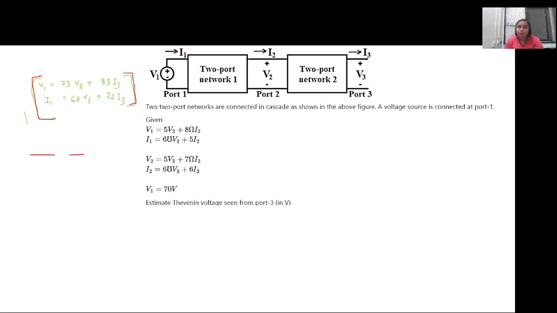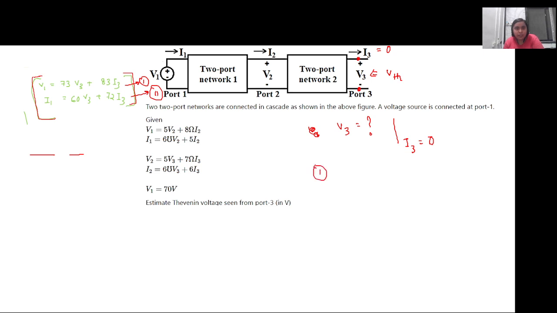In this network, what will we do? V Thevenin will be the Thevenin's equivalent voltage as we see from the sending end. So basically it will be the voltage across this port, provided it is open, that is I3 is equal to 0, because there is nothing connected to the V3 terminal. Let me write this as equation 1 and this as equation 2. What is V3, considering that I3 is equal to 0?